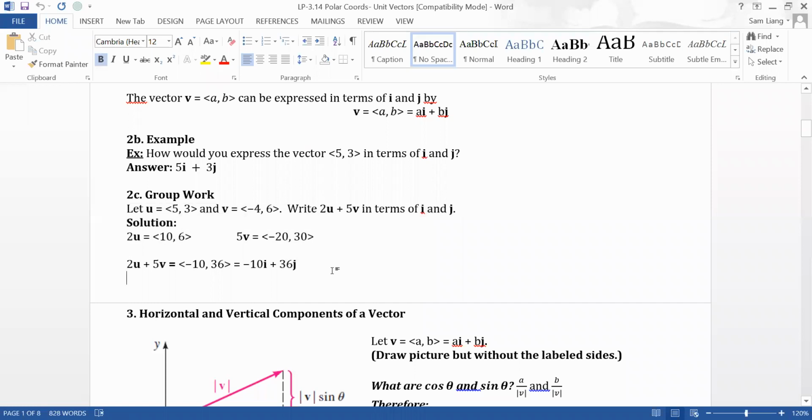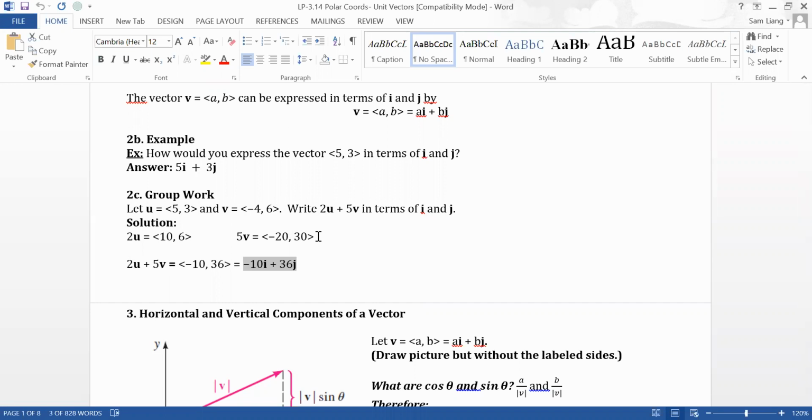The advantage to writing in this notation is that it lends itself to thinking that you're adding vectors. If we look at even this question right here, you could see this as 10i plus 6j and then negative 20i plus 30j. So you're just adding the building blocks, where the building blocks are the unit vectors i and j.